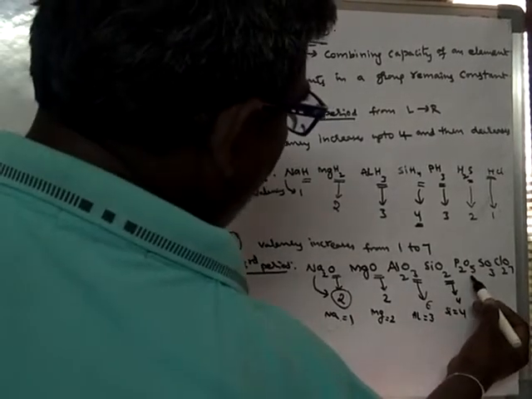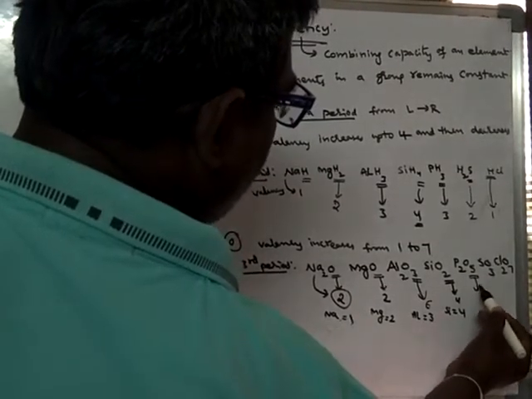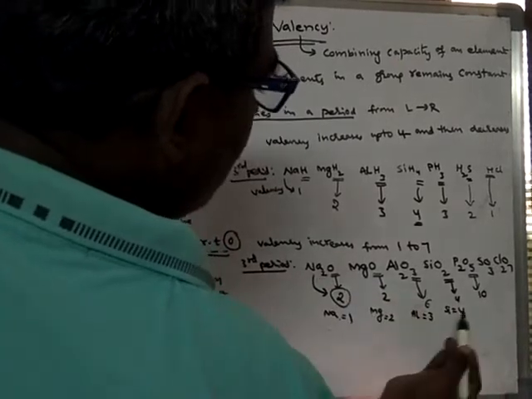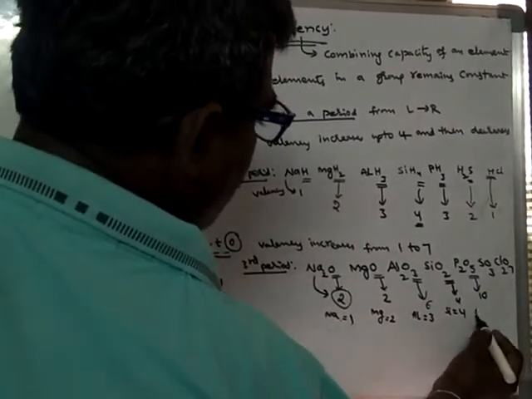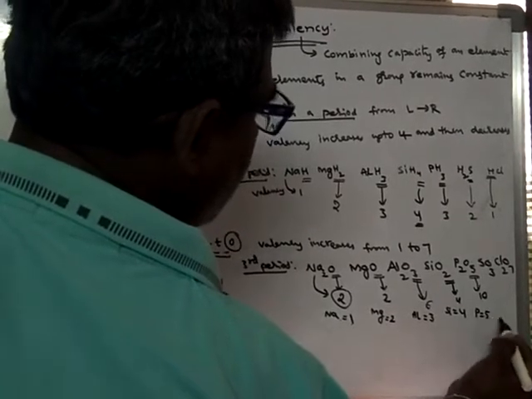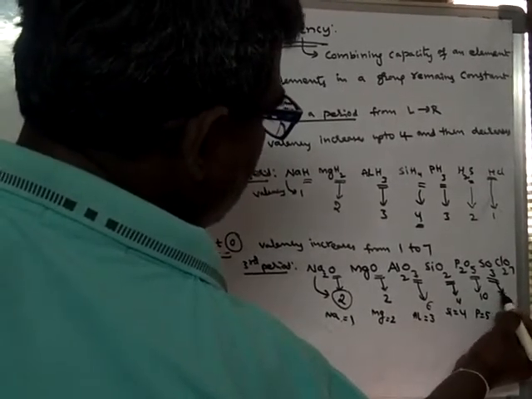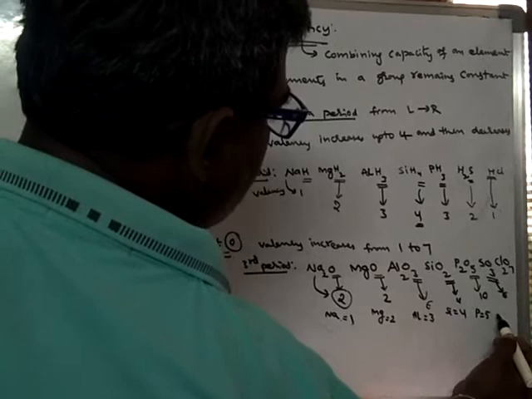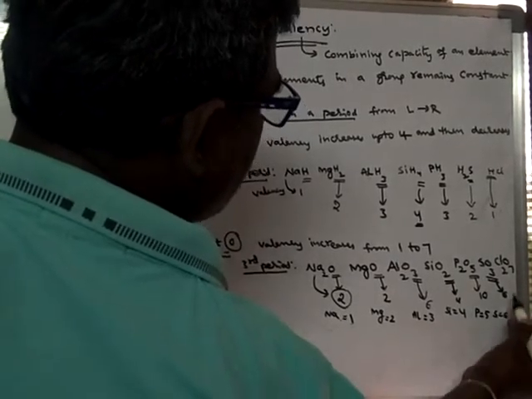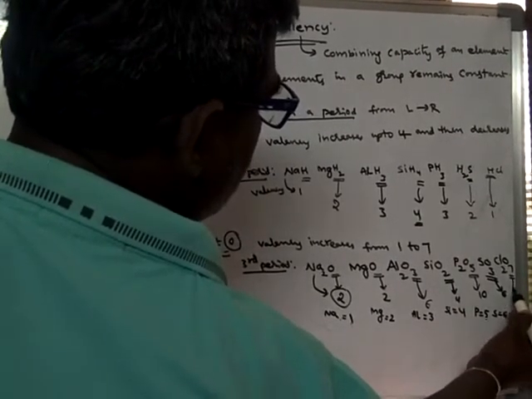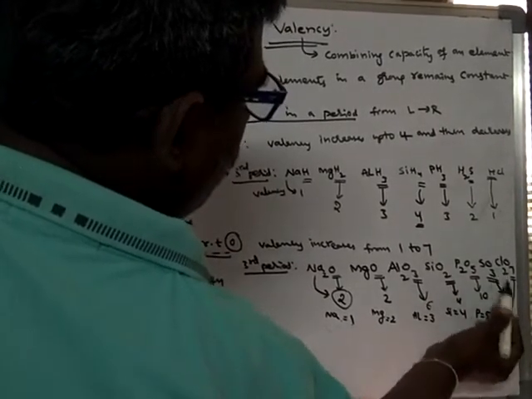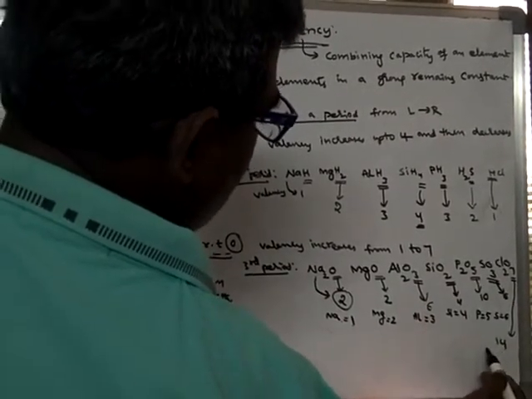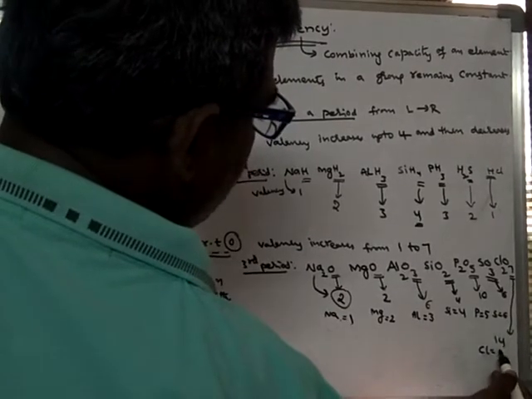Here, doubling the number of oxygens, it becomes 10. So for 2 phosphorus the valency is 10, and for a single phosphorus atom the valency is 5. In the same way, for a single sulfur atom it is 6. For chlorine, doubling the number gives 14, so for 2 chlorines it is 14, and for a single chlorine atom the valency is 7.